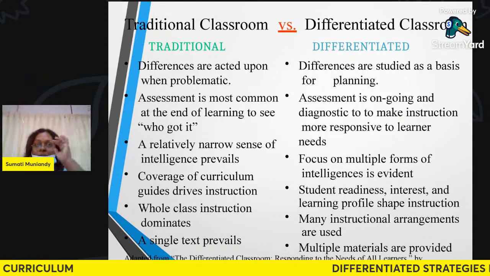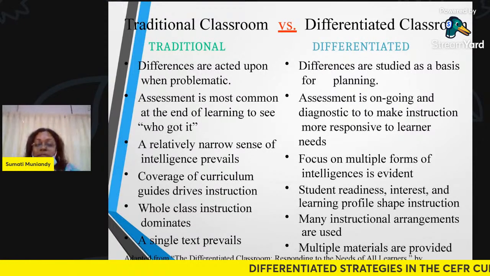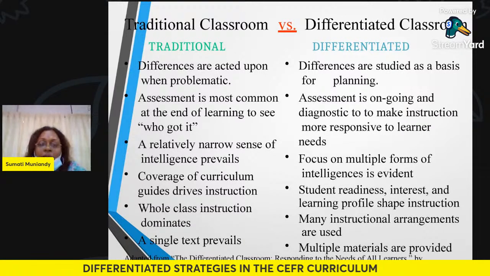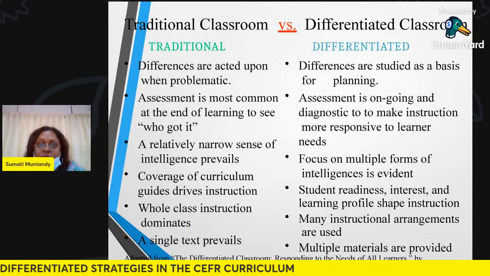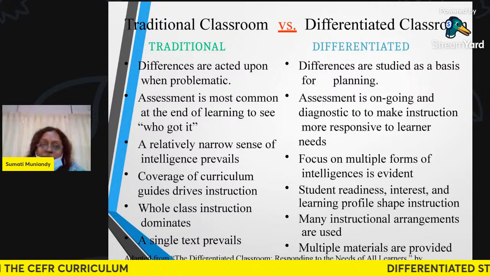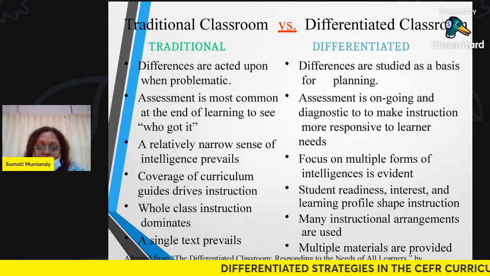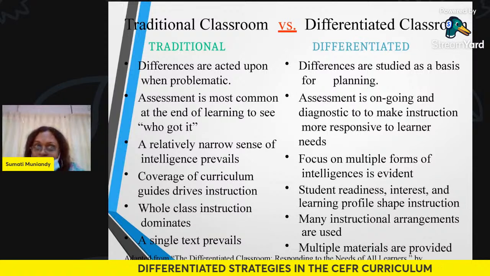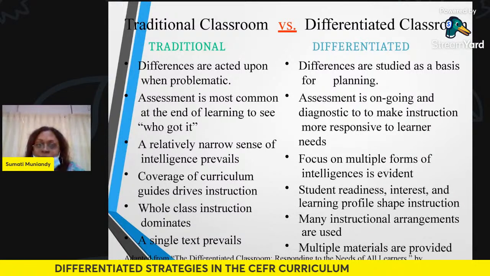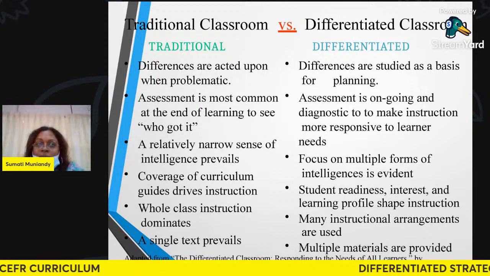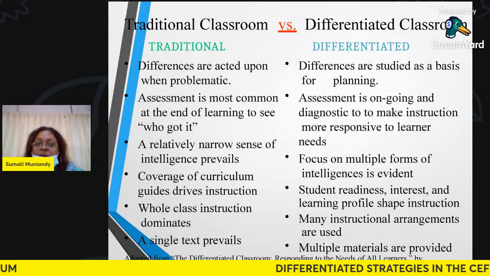We just go by the grades, and we evaluate based on the grades. We don't really intervene or give them intervention strategies to help them. But in the differentiated classroom, there and then you identify the problem and give them positive feedback to help the learner. And then from the learning process, you plan ahead for your lesson.